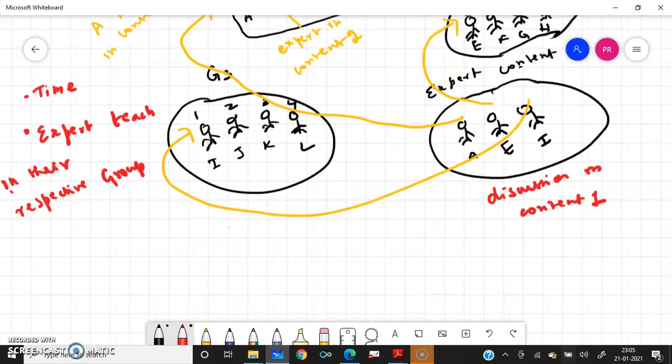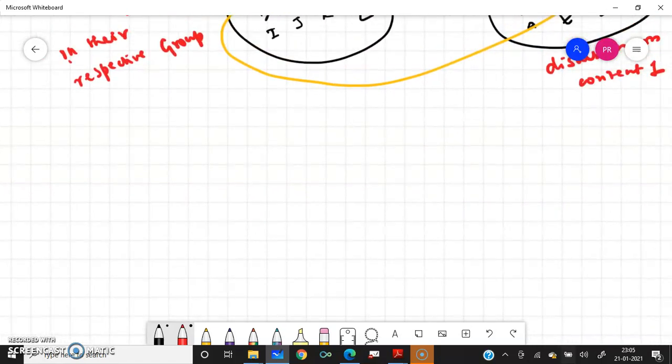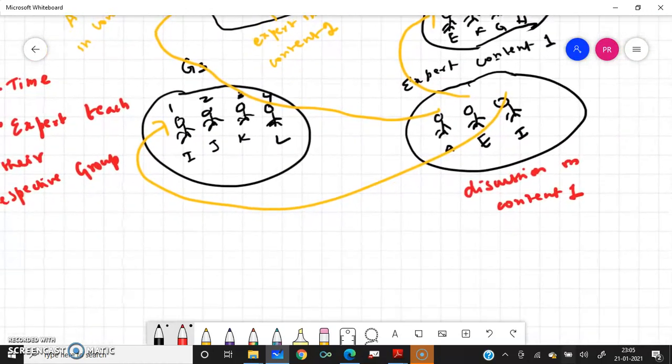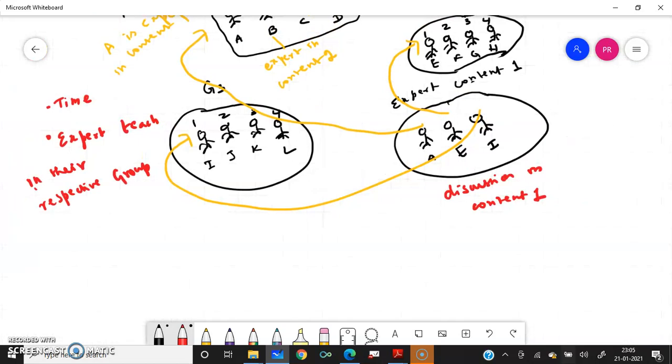Now the actual example. Students being able to solve means students are going to solve the problem.